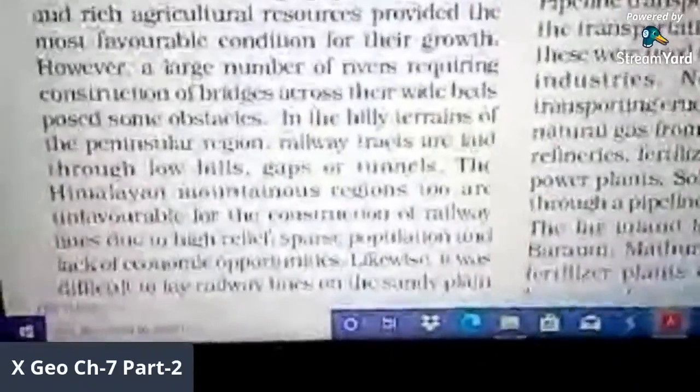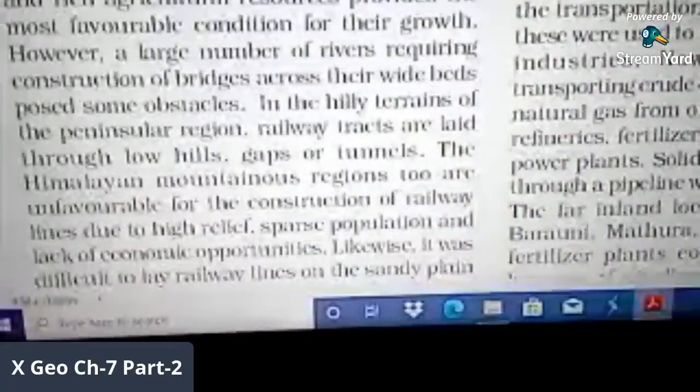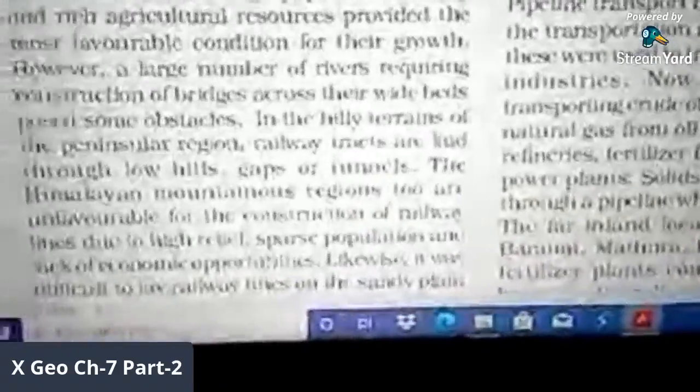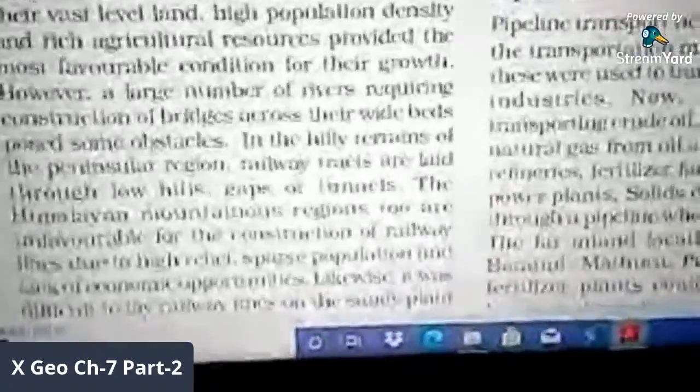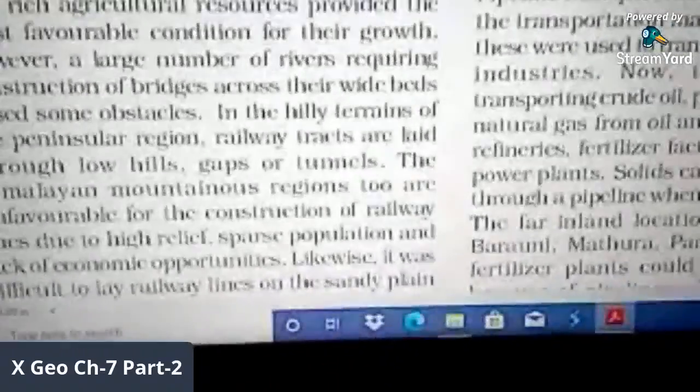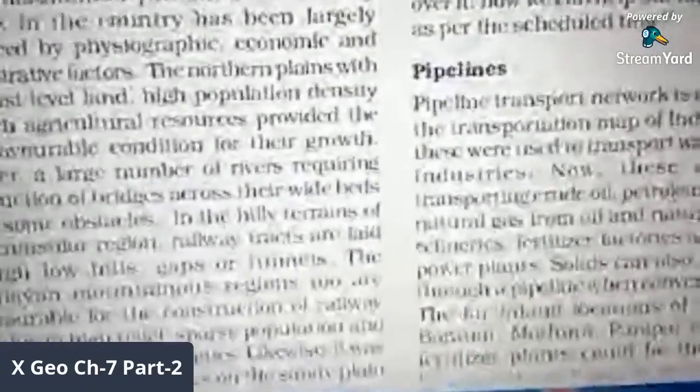Railway transportation is of course important in our life, because when we need to go a long distance or provide services, we use railways. So railways have a great importance in our daily life.